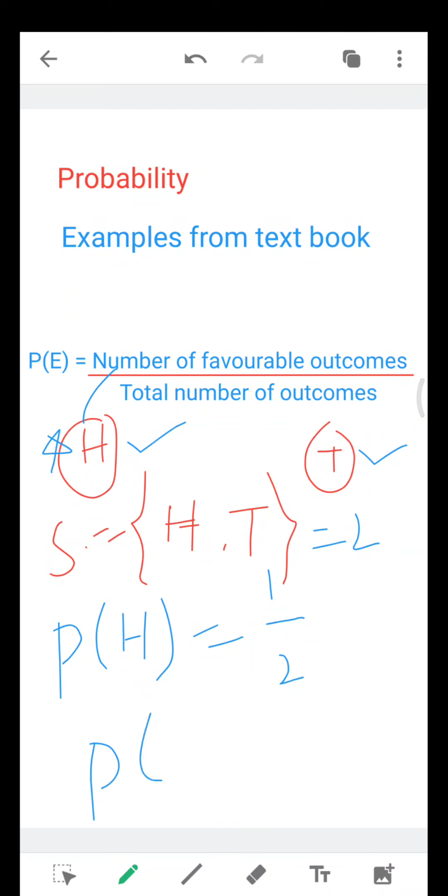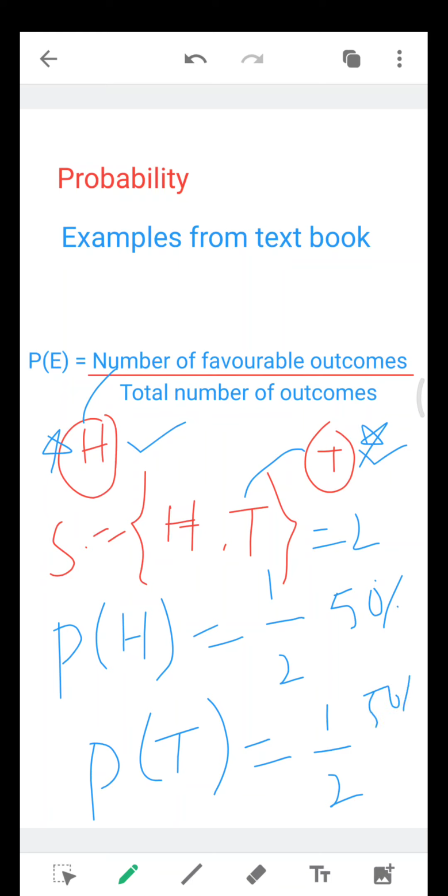Your friend selected tails, so his favorable is tails, and that is one time, so 1 upon 2 total number of outcomes. This is one simple example of tossing a coin. So we can say probability of getting heads is 50% and probability of getting tails is also 50%.